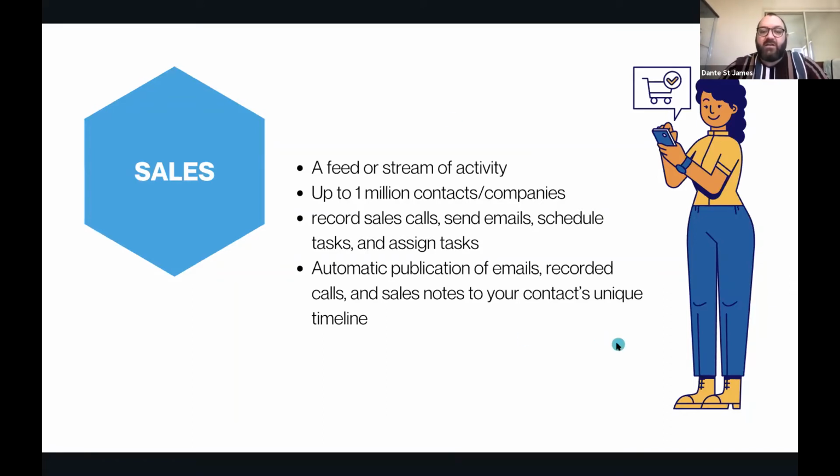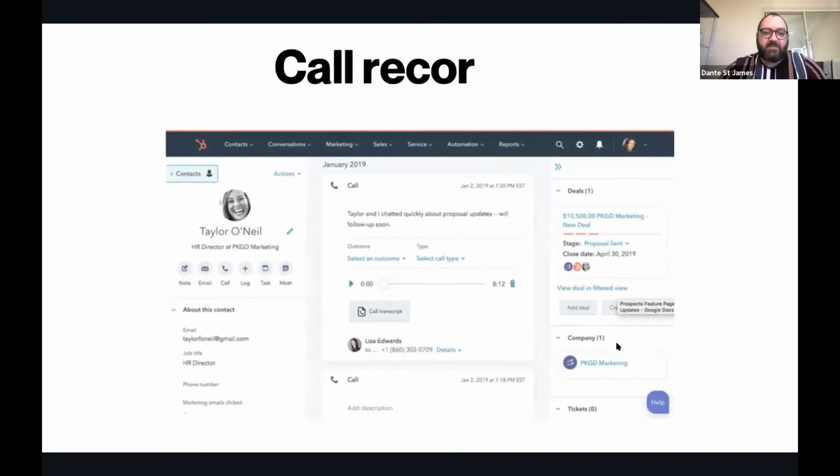Now, the way that this looks in HubSpot particularly is, well, I'll look at the call recording first, because this to me is probably the one thing that I've been able to translate a lot of my stuff across to. I use a voice over IP system through my business that allows me to record the calls that I'm making.